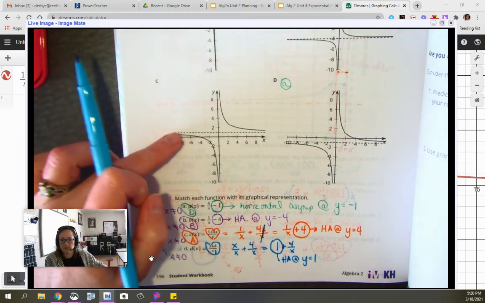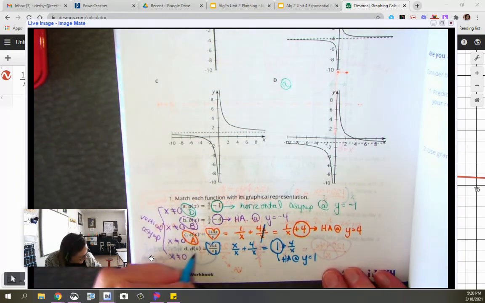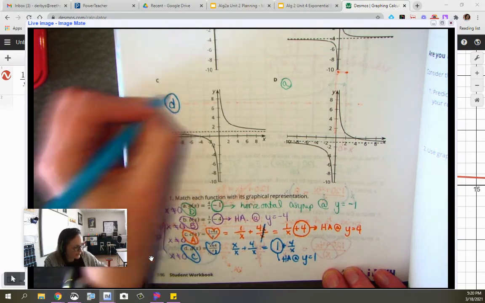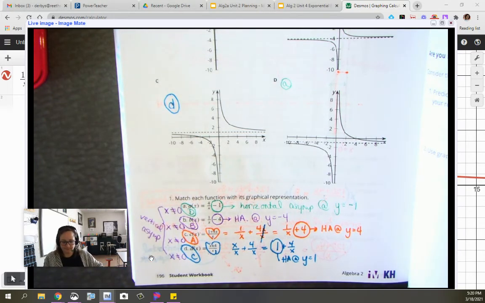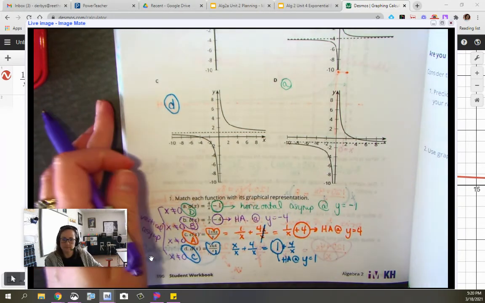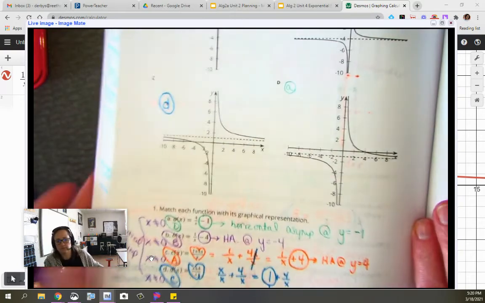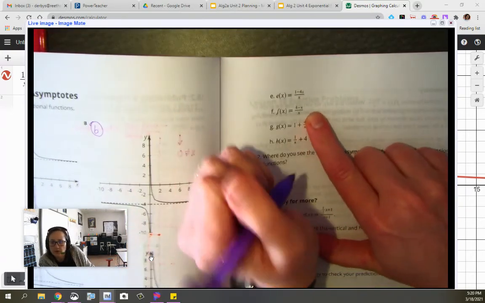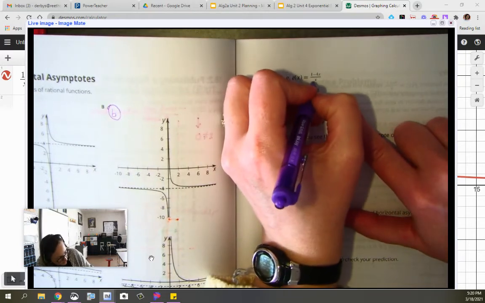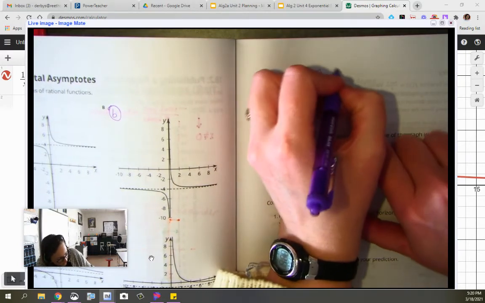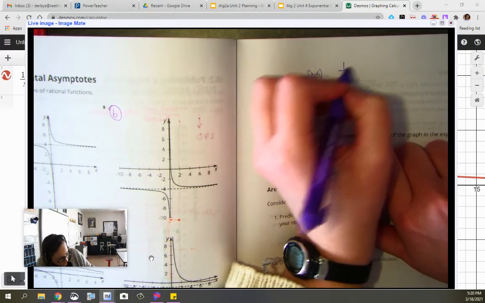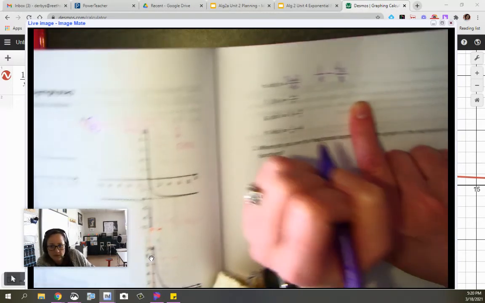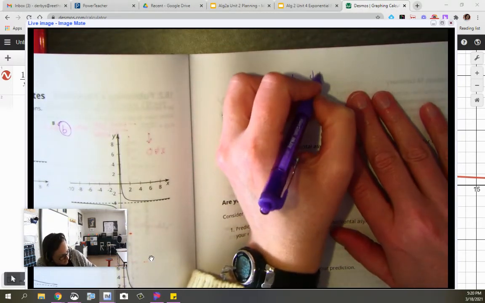And that is matching with part C, graph C. Couple more to work on here. E, again, I'm going to give it two separate fractions, 1 over x minus 4x over x. X's cancel out.